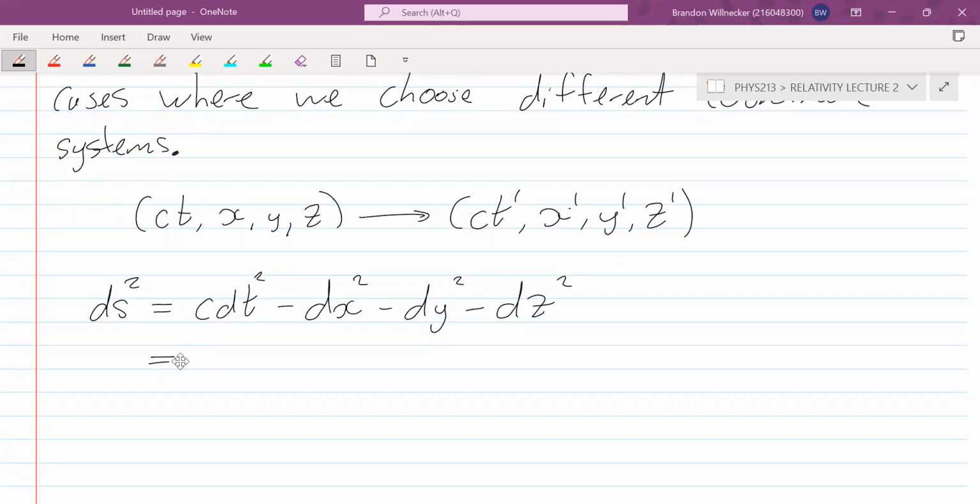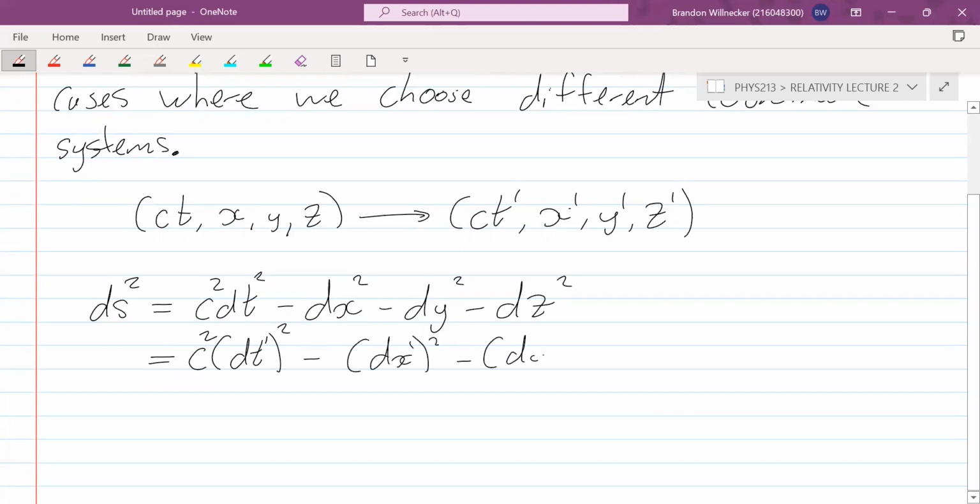We can do exactly the same thing in the primed system. We can have c squared dt prime squared minus dx prime squared minus dy prime squared minus dz prime squared. And these are equal. So whether you use the one system or the other system, we get the same metric.